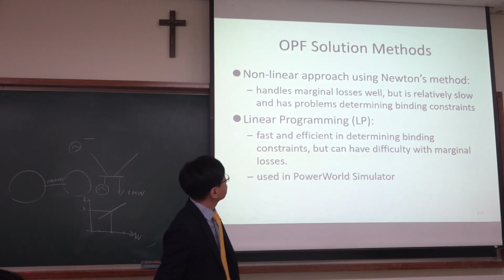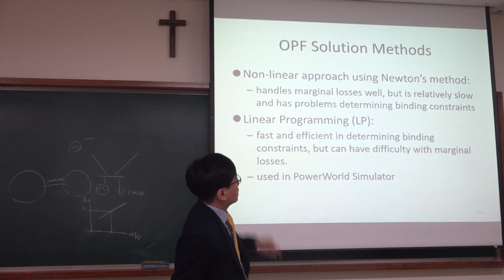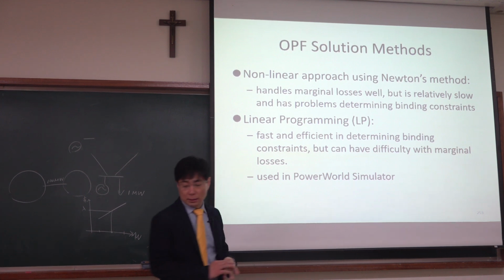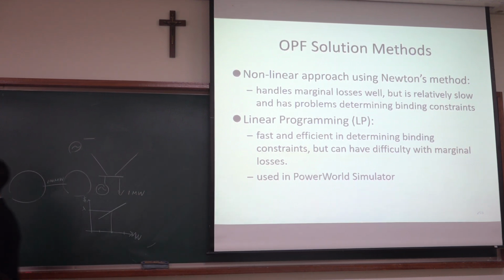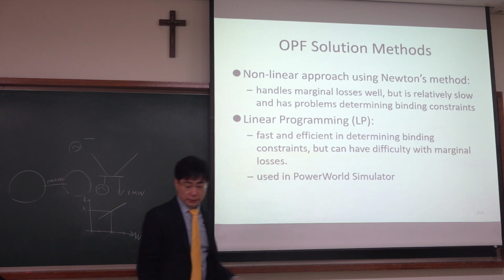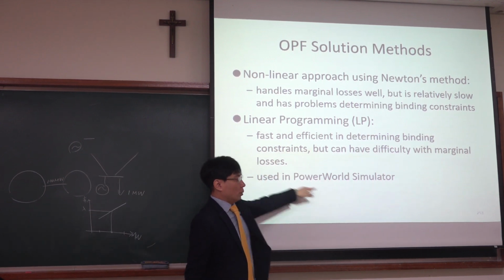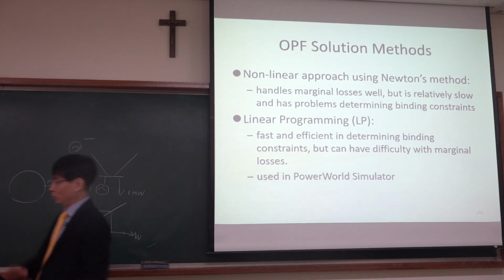Okay. So the nonlinear approach using Newton's method can handle marginal losses, but is relatively slow and has problems determining binding constraints. So the approximation is to linearize the nonlinear curve, and that is used in PowerWorld Simulator in 2010.